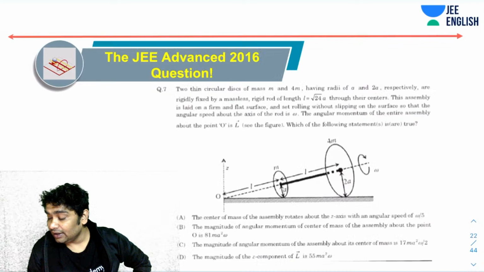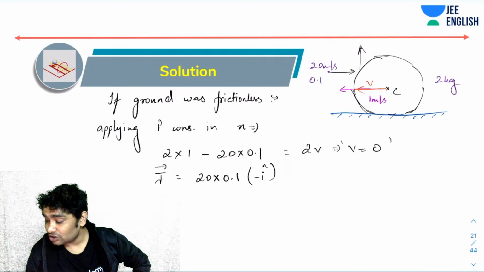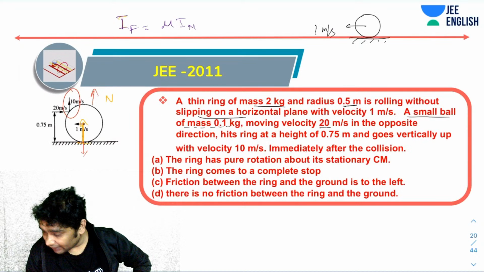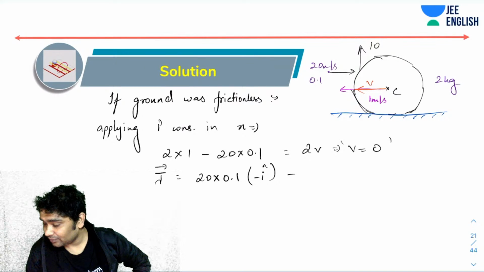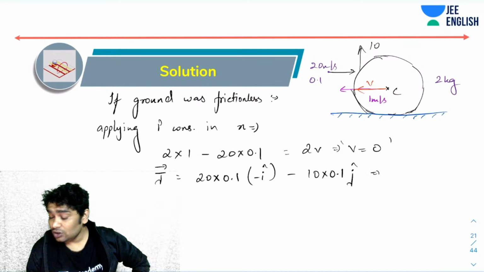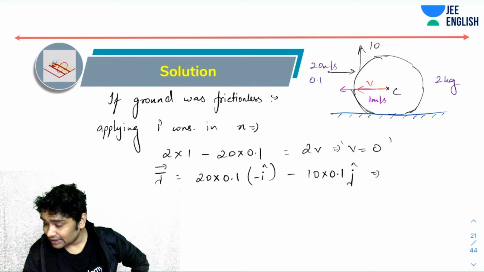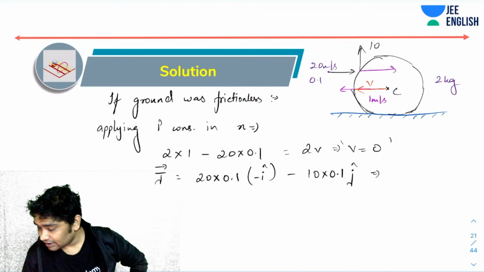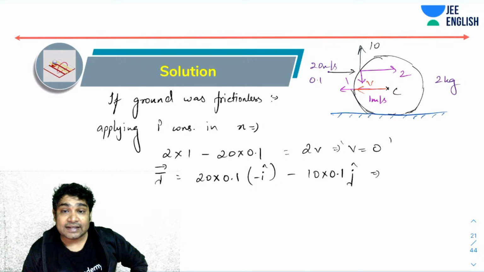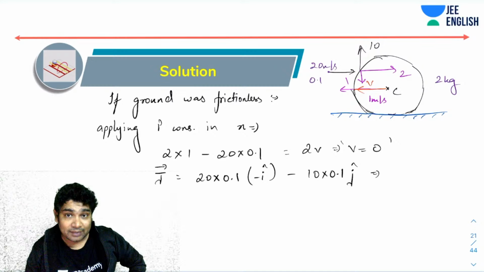And then it was going up by 10, so it will receive an impulse in the downward direction, again 10 into 0.1 j cap. So the impulse that this ring is receiving has two components, one in this direction, which I am getting as 2, and one in this direction, which I am getting as 1. Now these impulses will provide an angular impulse also.